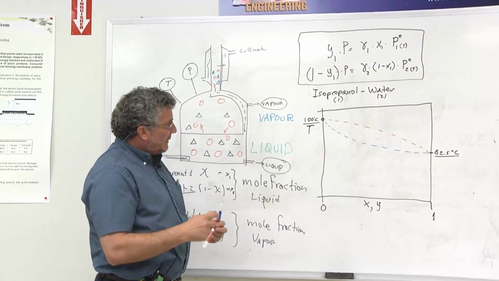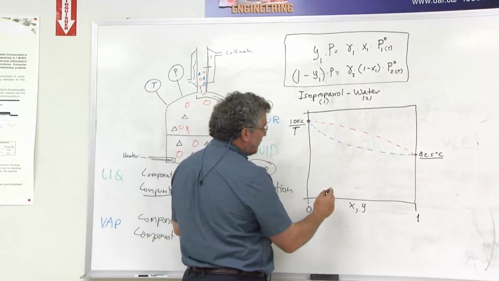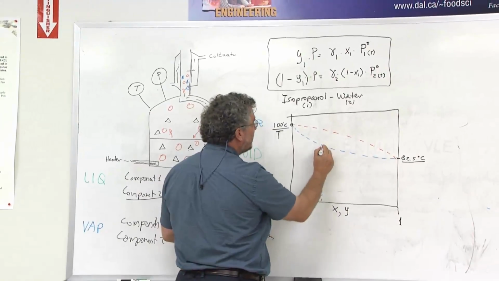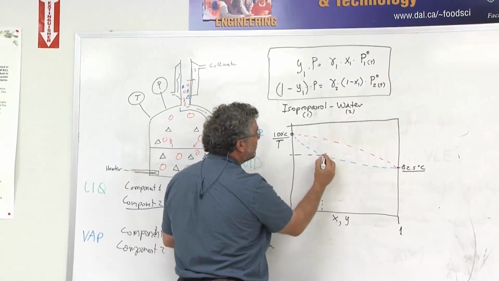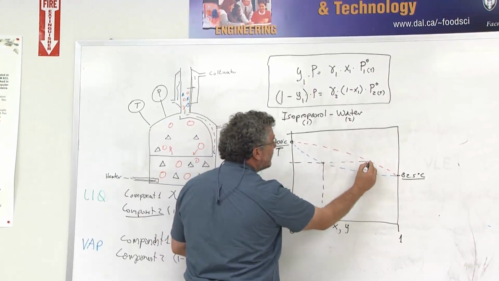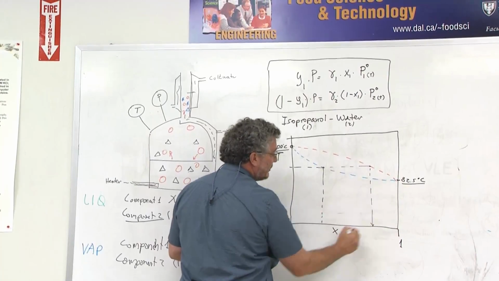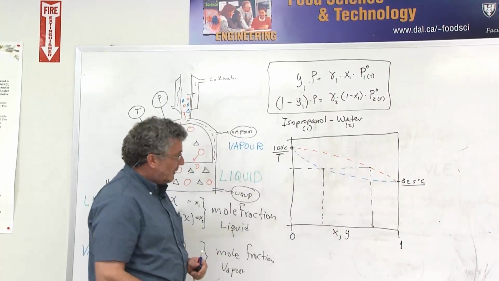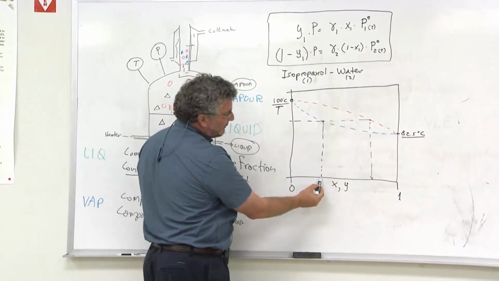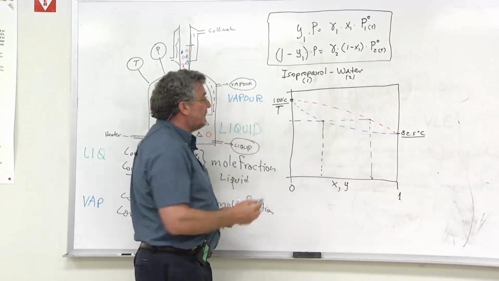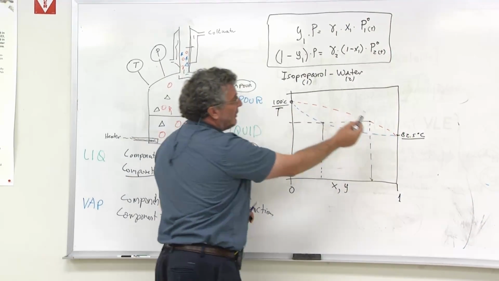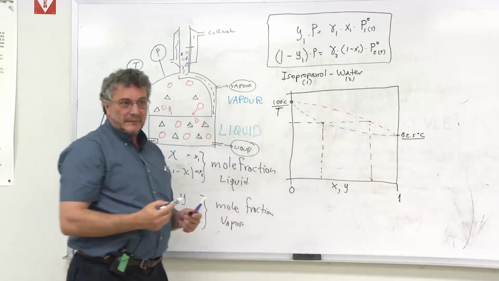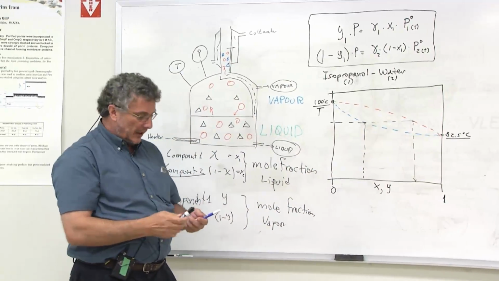It means that if you take a particular composition of the liquid at a particular temperature, that's going to be in equilibrium with a particular composition of the vapor. Here we would have, let's say, 0.4, and maybe here's 0.85 at a temperature between 100 and 82, suppose 90. That's how we read this kind of ideal diagram.